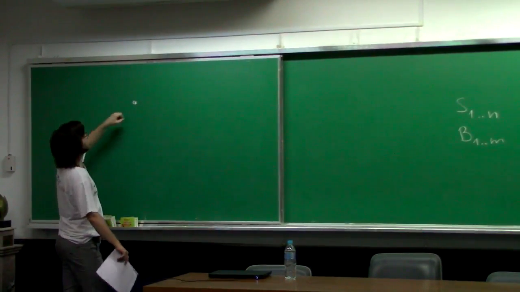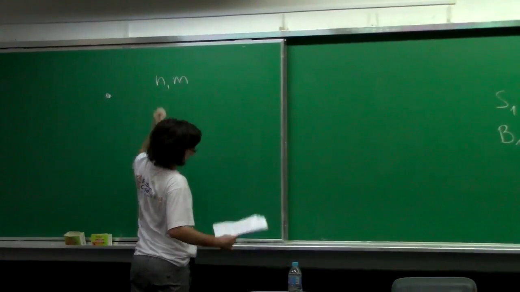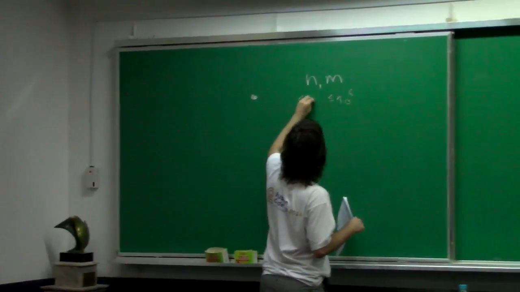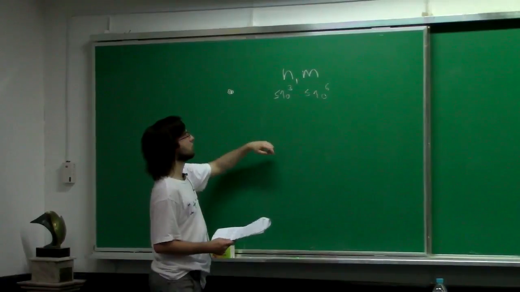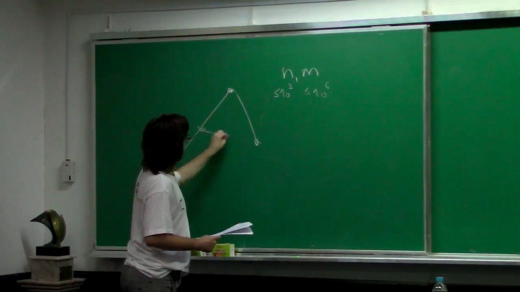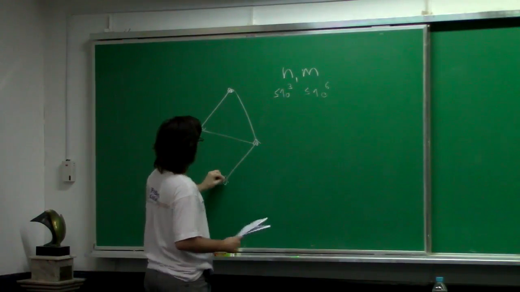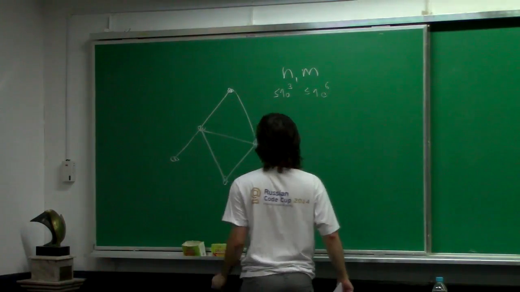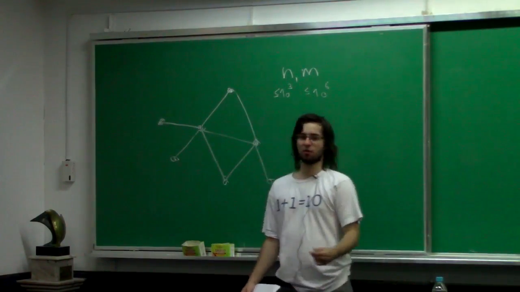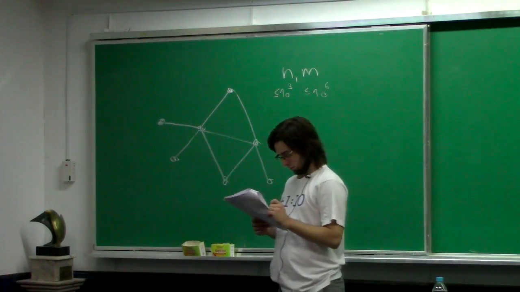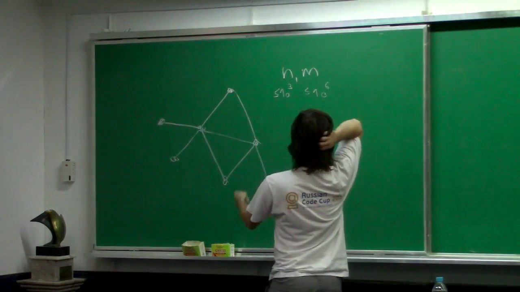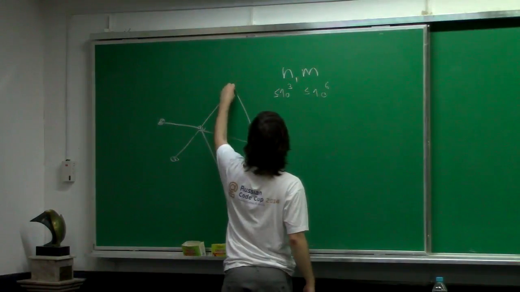So we have a graph with n vertices, m edges, let's say like this, and each edge has some length, and we want to find the minimum cost of a subgraph which is connected.